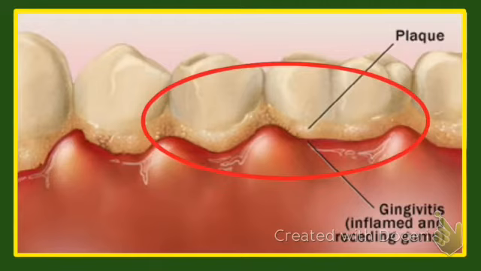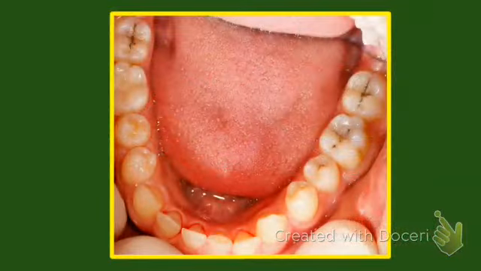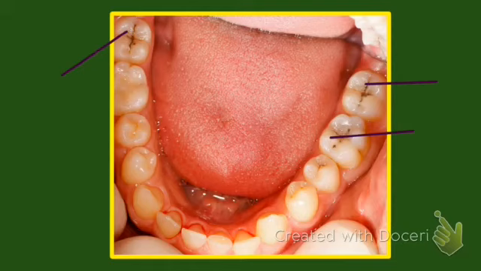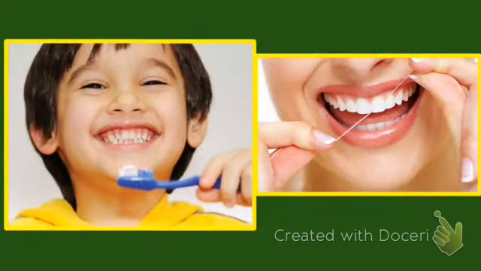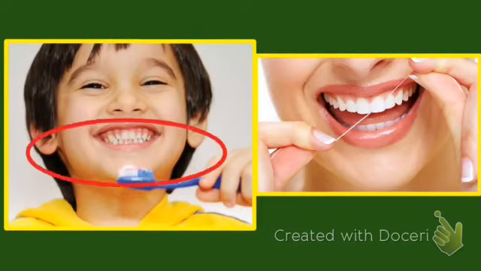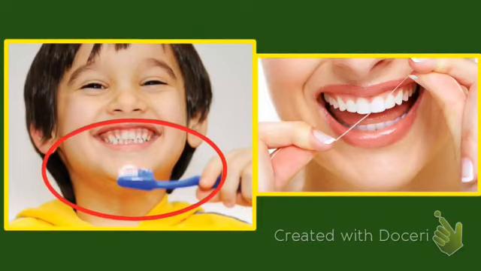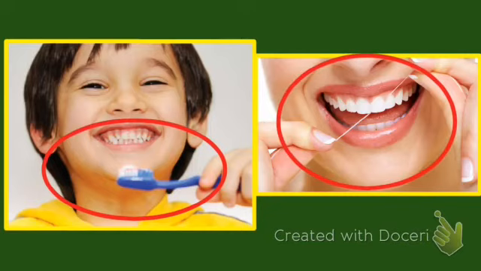This plaque encourages germs. These germs can damage our teeth, see this here, and cause tooth decay. The only way to get rid of this plaque is to brush and floss our teeth properly.